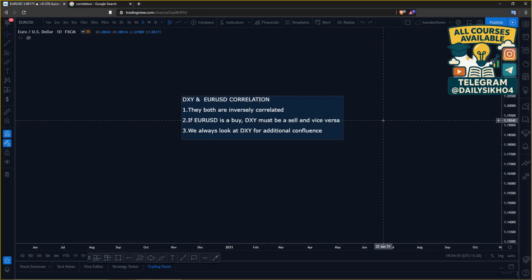We have to understand the fact that not every day is a trading day, and not every week is a trading week, because as traders we must understand that capital preservation is more important than taking trades.